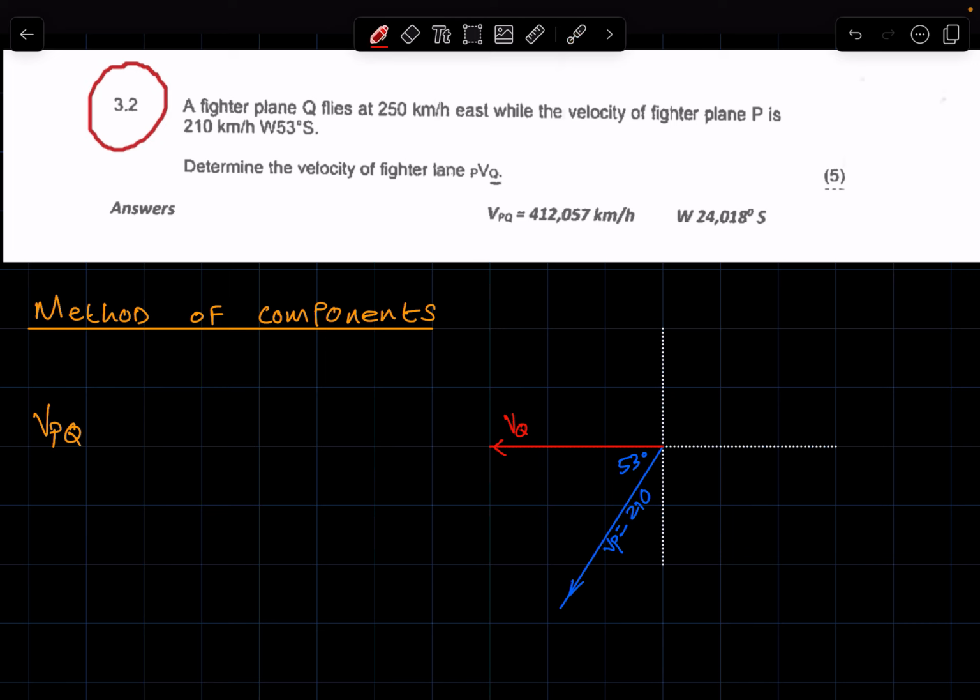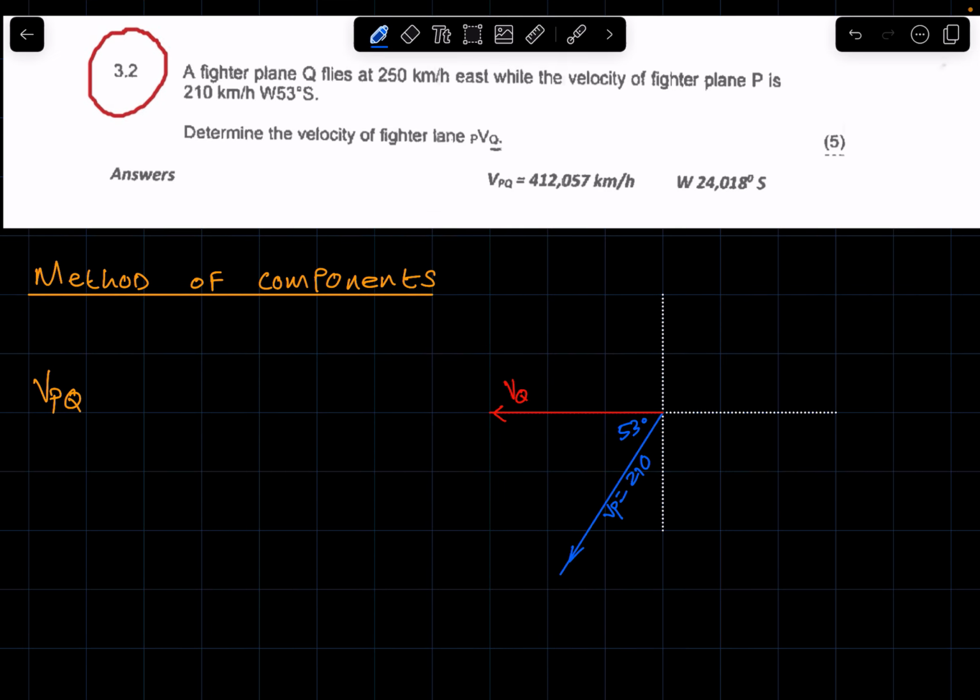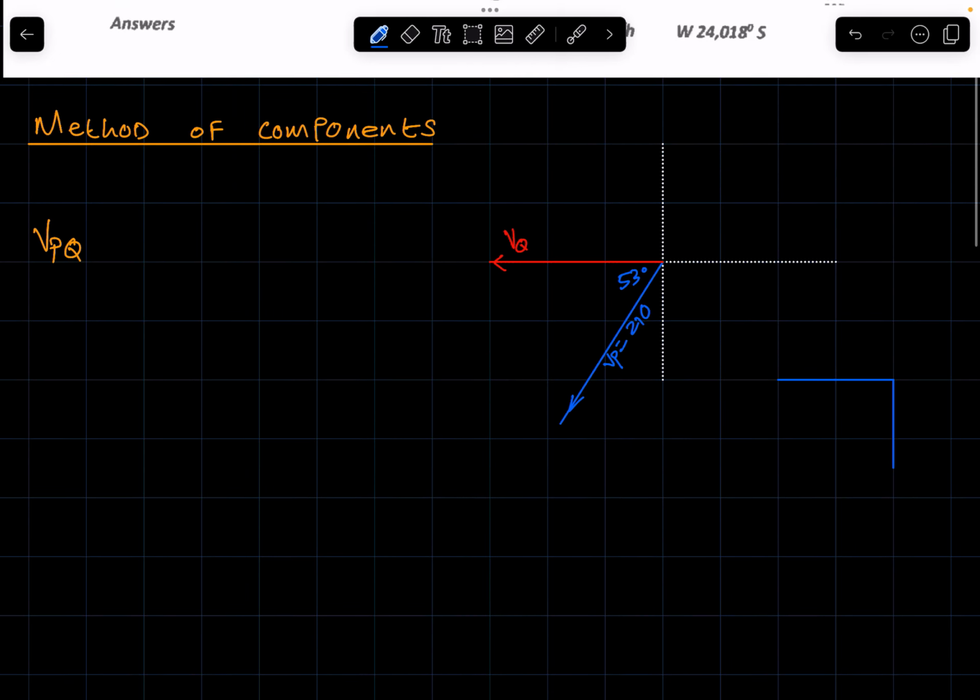Now let's resolve this into its components. It's going to have an x component as well as a y component.